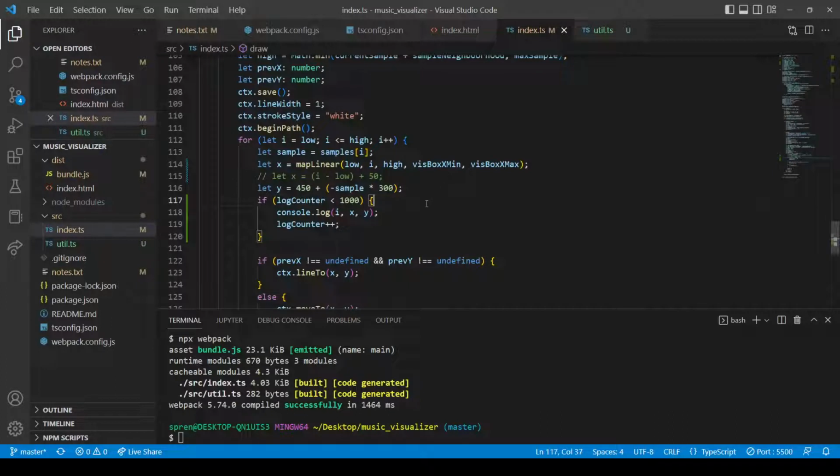But now all we want to do is switch the Y to use the map linear. So the map linear for Y, okay. Well, it's basically the same thing, right? It's the same concept.